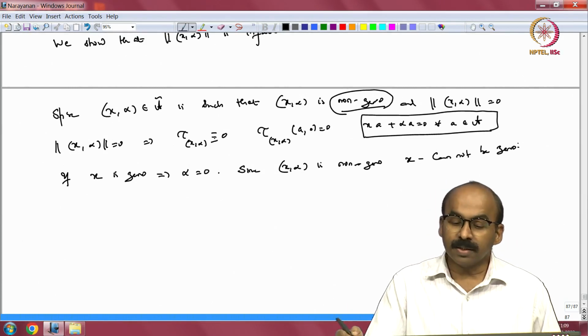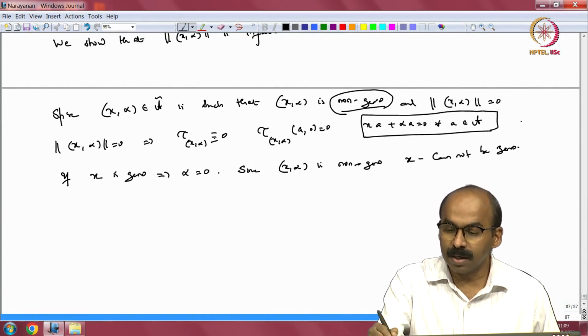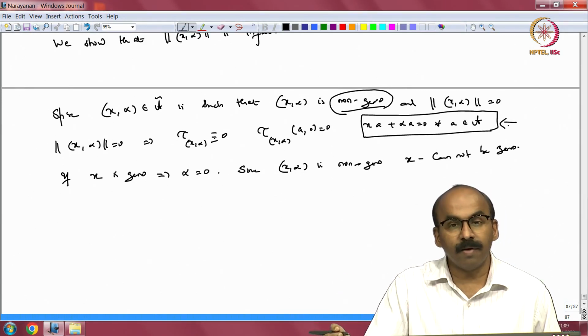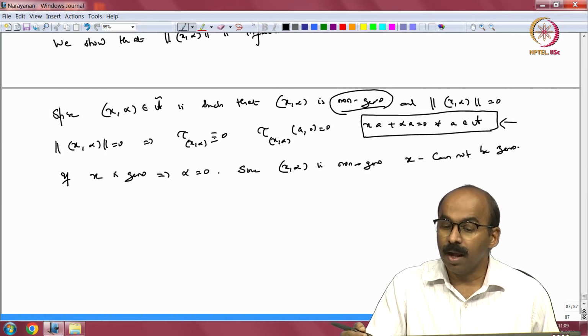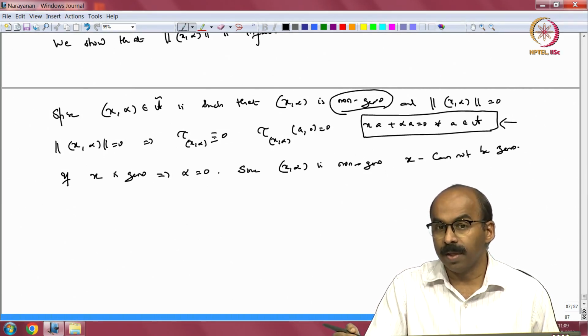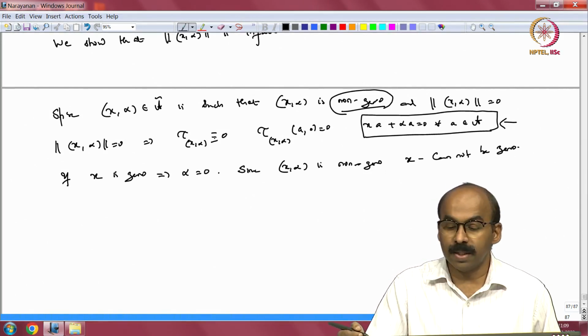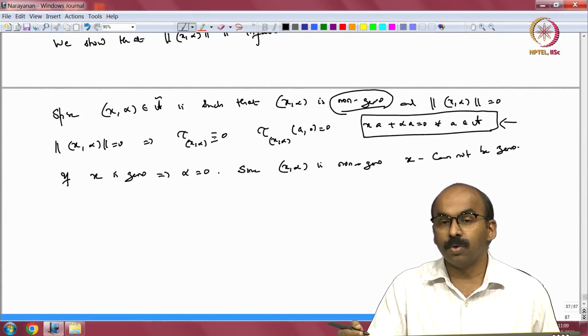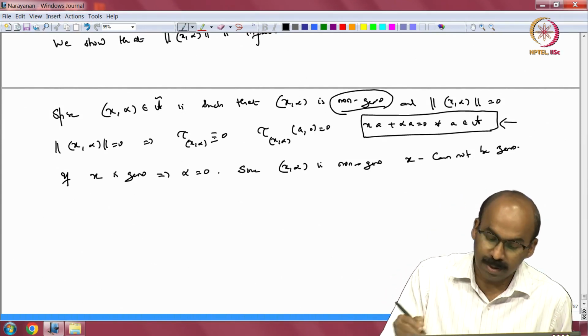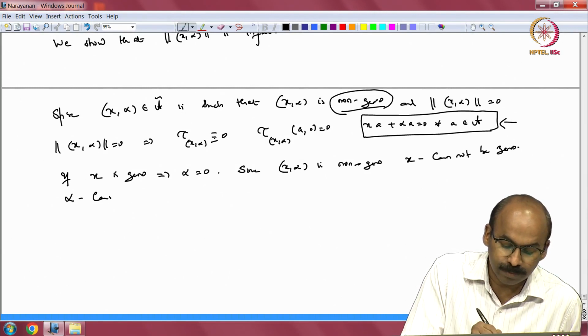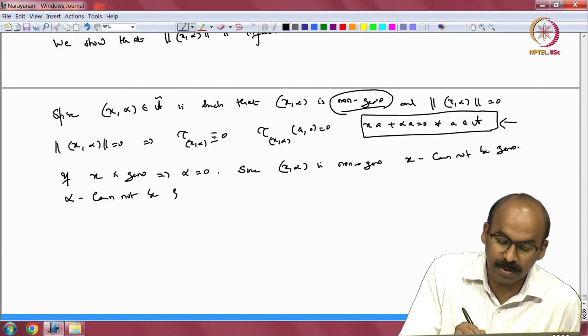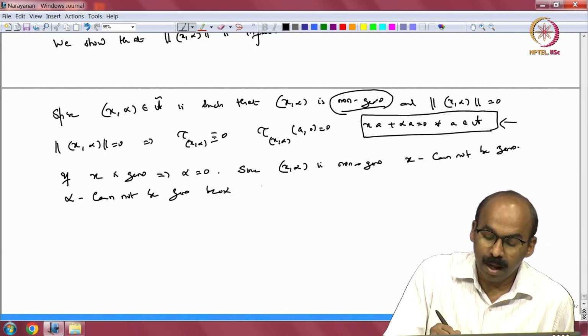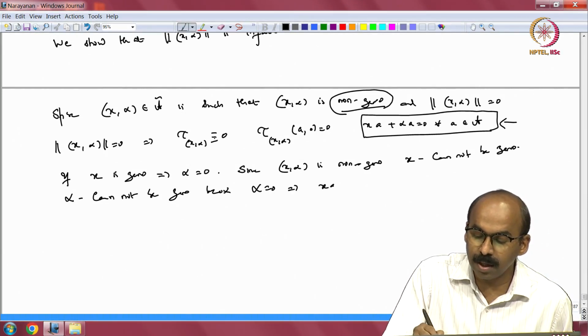Okay. Now, if x is non-zero and x a plus alpha a is 0 for every a in A, alpha cannot be 0, right, because if alpha is 0, I have x a is 0 for every a, but then A is a C star algebra. So, I can take a to be x star. So, x x star is 0 and so norm of that is 0, but that is norm x square, right. So, x will be 0, right. So, let us see. So, alpha also cannot be 0, because alpha equal to 0 implies x a equal to 0 for every a in A. Okay.